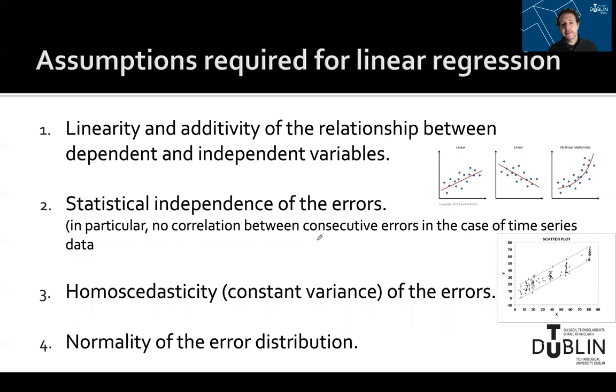Now, statistical independence of the errors. In particular, no correlation between consecutive errors. So everything has to be independent. You shouldn't use time series data for linear regression. People do, but you probably shouldn't. Time series analysis is a whole other type of thing you can learn. Now, homoscedasticity is constant variance of errors.